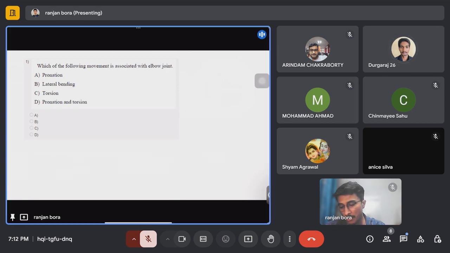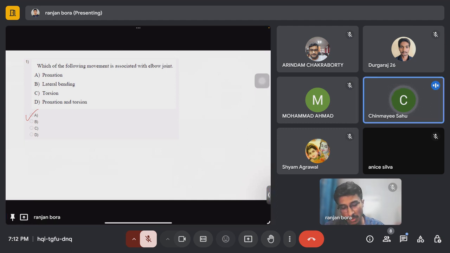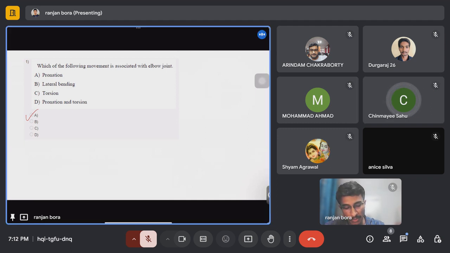Yes, pronation. We have discussed in the last class that pronation is the movement of our forearm. When the palm is facing anteriorly, then it is supination, and when the palm is facing posteriorly, it is pronation.